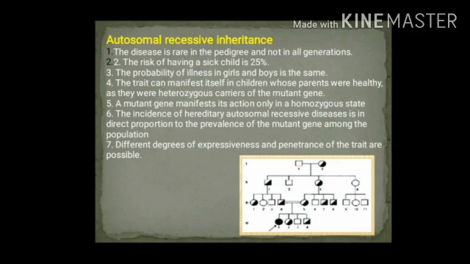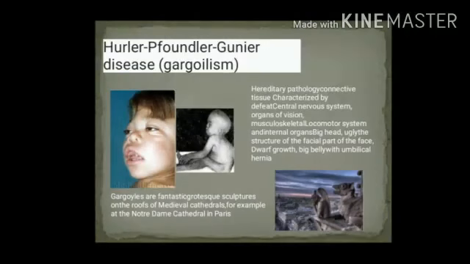Autosomal recessive diseases include phenylketonuria, galactosemia, albinism. These diseases are usually diagnosed at an early age. On this slide you can see an example of an autosomal recessive disease, Hurler syndrome, or gargoylism.